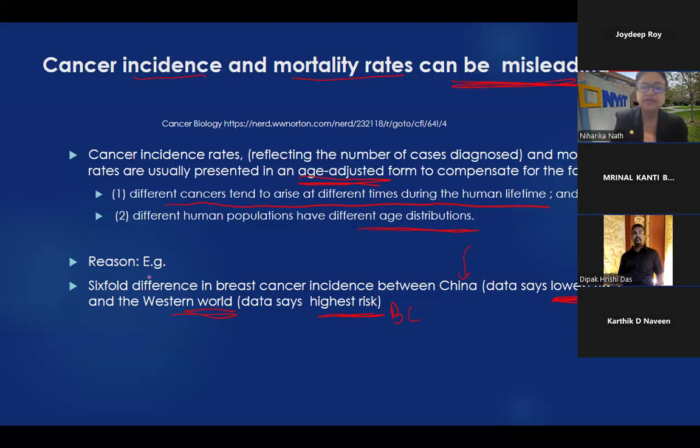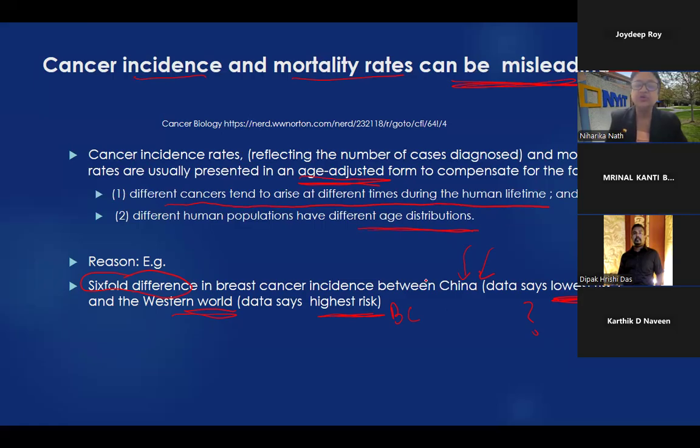How is it that there's a six-fold difference? Is it to say that China has six-fold less breast cancer than the Western world? Well, the reason is maybe that screening is not done, mammograms are not done, and so it's just not possible that this data is accurate.